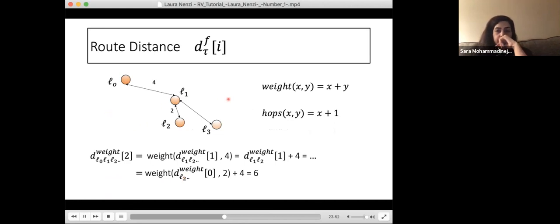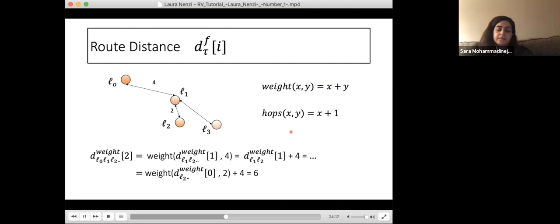Let's see two examples of this function f. One is the weight, which is just the sum of the labels of the weights on each edge.